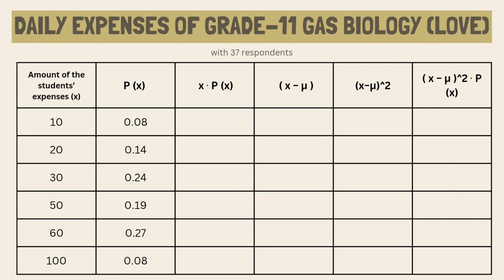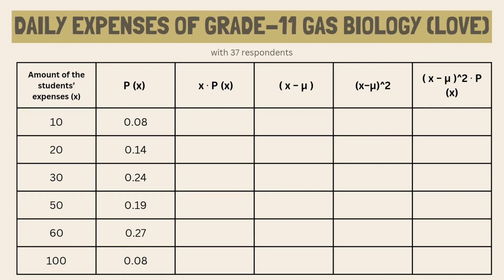So as you can see, we have 6 rows, and the 2 rows are already provided with the information or data. So we have the amount of the student's expenses, which is represented by x, and the p of x. So in our amount of the student's expenses, we have the numbers 10, 20, 30, 50, 60, and 100. Each of those numbers has a corresponding number on the p of x or the probability.